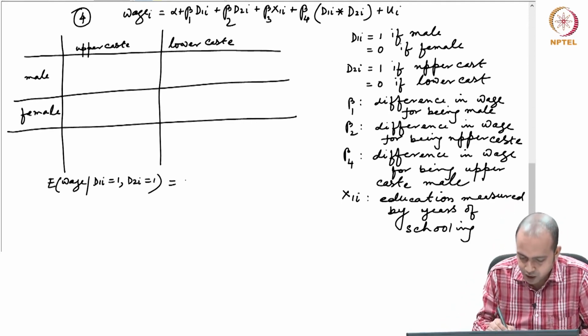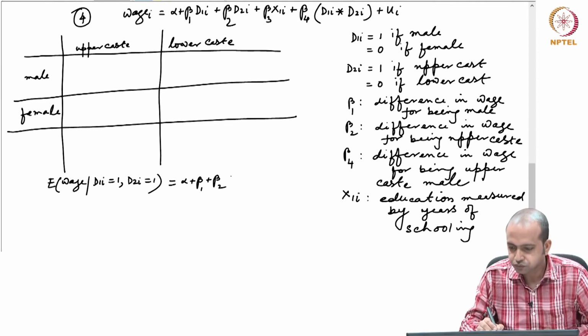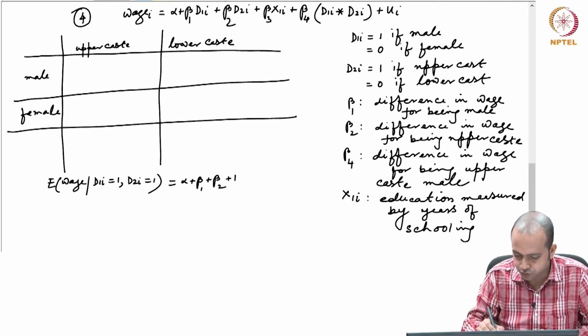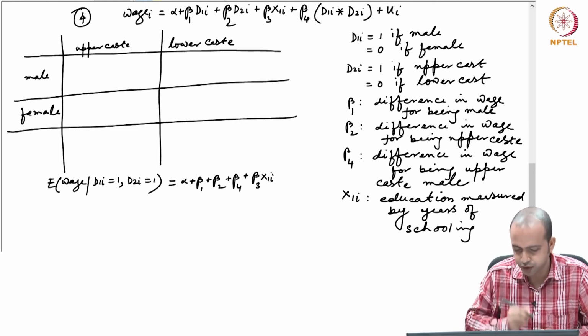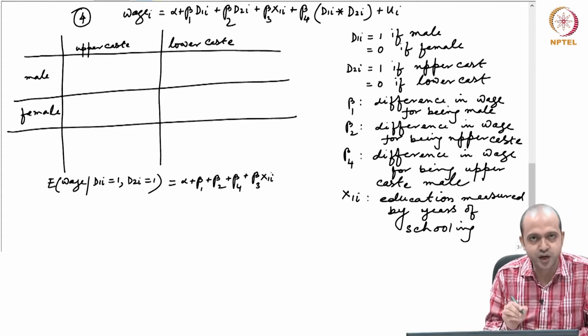So you will get alpha plus beta 1 plus beta 2, and here also you are putting 1 and 1, so plus beta 4 plus beta 3 x1i. This is the average wage for the upper caste male.